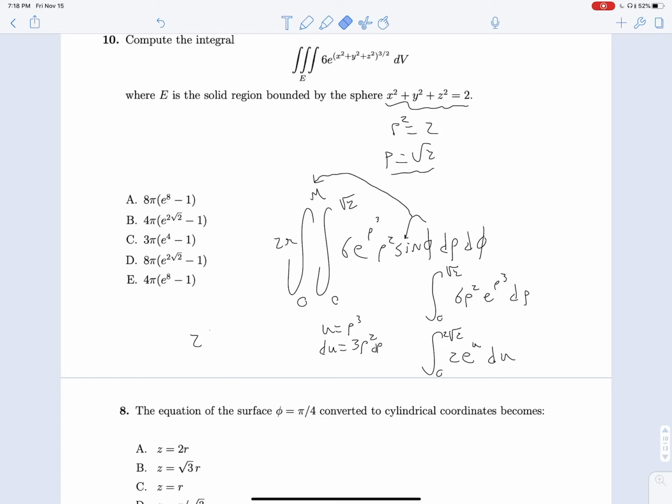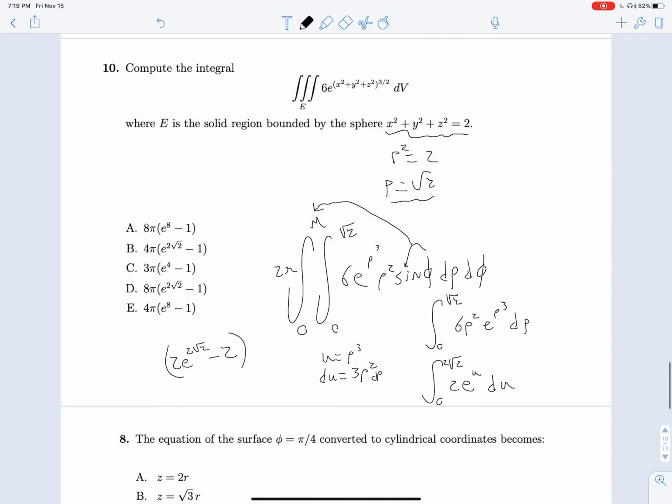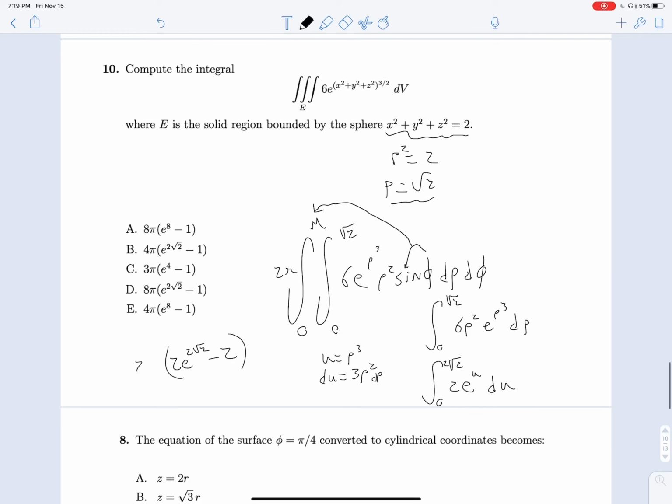So the integral of 2e to the u is just 2e to the u. So we can evaluate, and we will get 2e to the 2 root 2 minus, well, e to the 0 is 1, so minus 2. And then all of this is now multiplied by our integral from 0 to pi of sine of phi, and also our 2 pi.